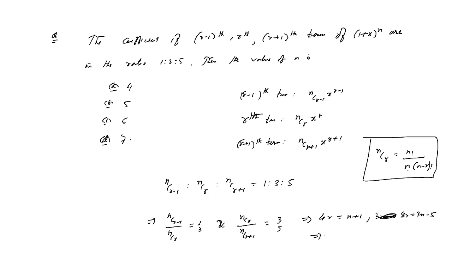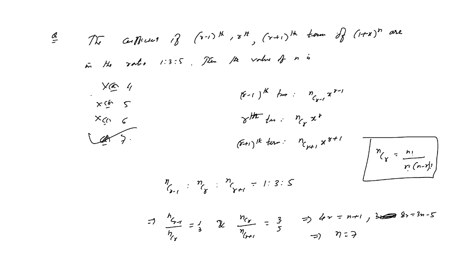From these two equations you will solve it, and the value of n equals 7. So option D is correct and all other options are false. It is a simple question, and it was given in KVS PGT mathematics.